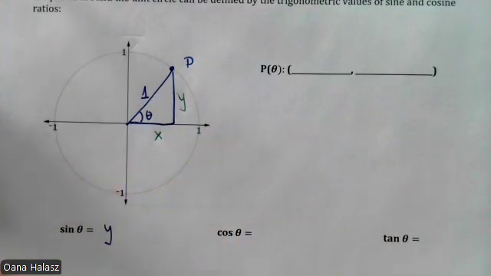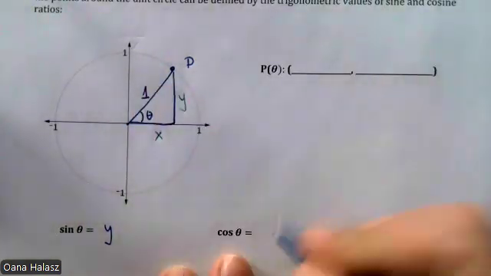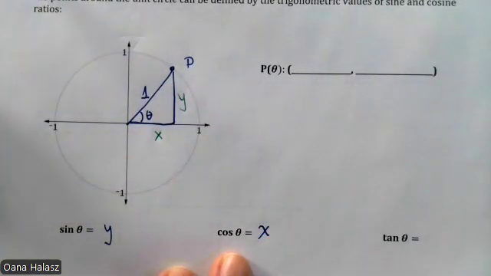So basically, the y coordinate is the value of the sine of that angle. For the cosine, I have to do x divided by hypotenuse, so x divided by 1, so just x. So the value of that x coordinate is just the value of the cosine of that angle.